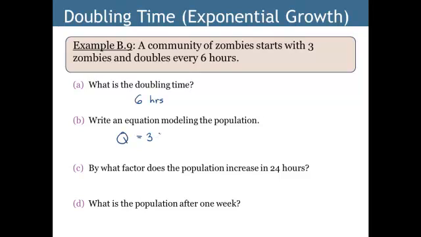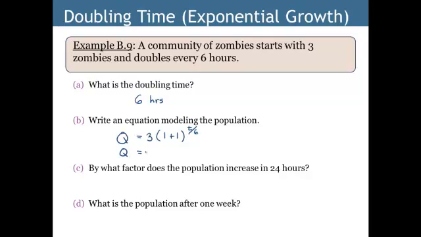A doubling is a 100% increase. And so r is 1. And so when you have in the formula 1 plus 1 to the t, but your doubling is measured, it doubles every 6 hours. So we've got to divide our t by 6.